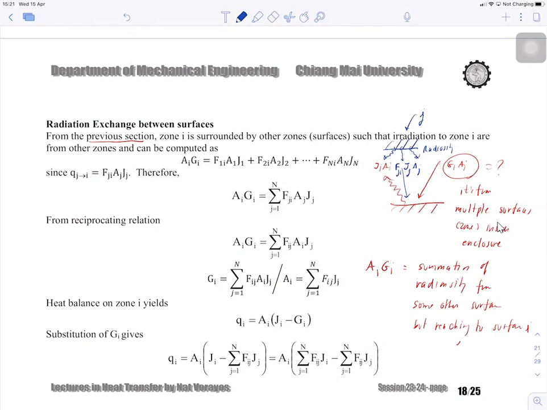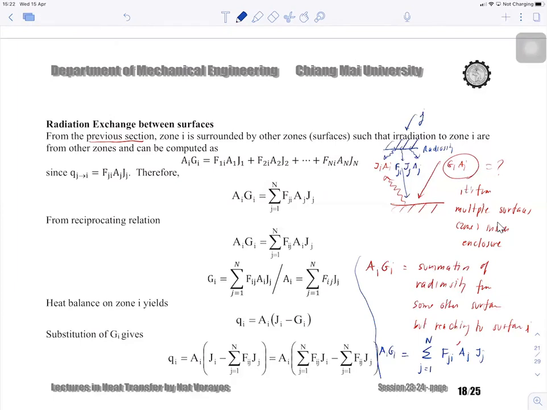So AIGI is going to be equal to the summation of FJI multiplied by AJ JJ, and supposedly you have n surfaces, with J running from 1 to n.